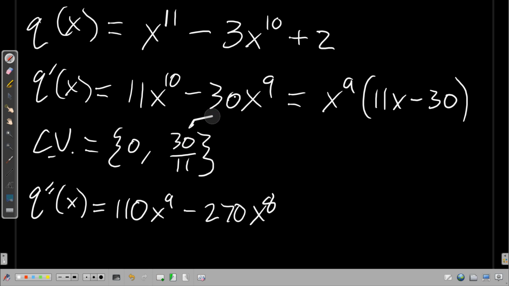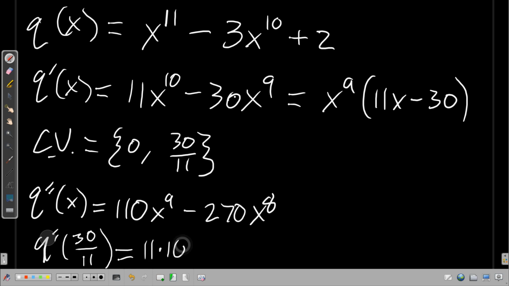But if I put this positive number, 30 over 11, into here, then Q double prime of 30 over 11, let's see. Well, this is 11 times 10, and then this is 30 over 11 to the 9th power.